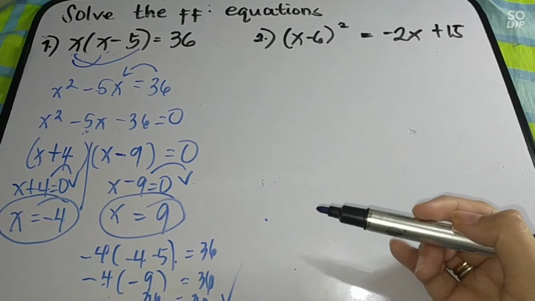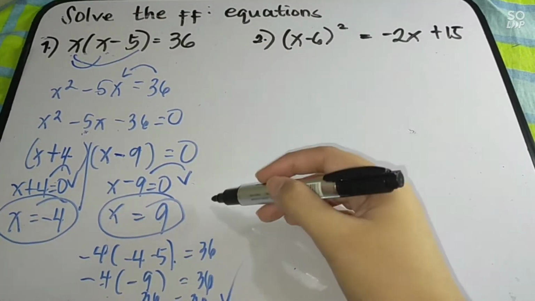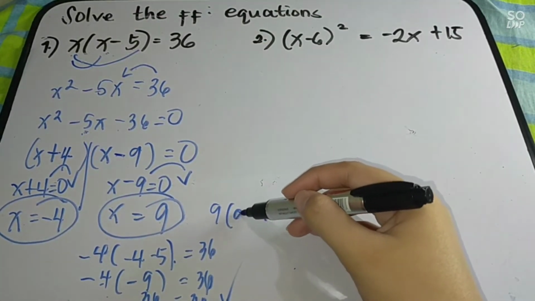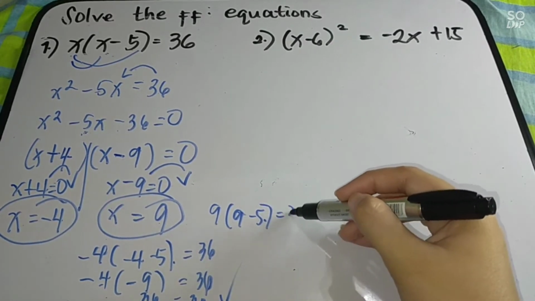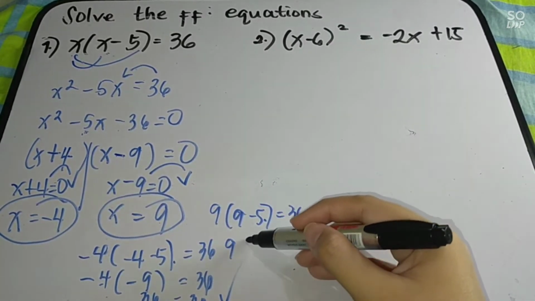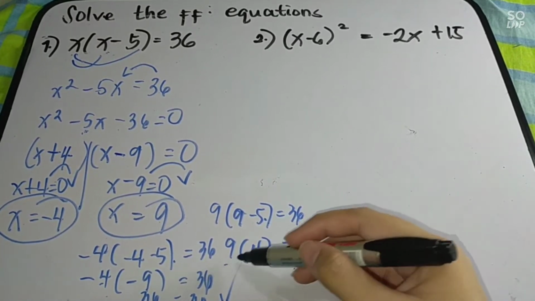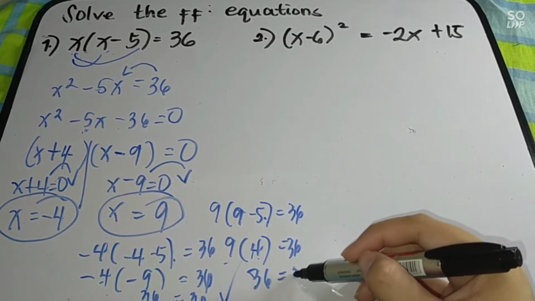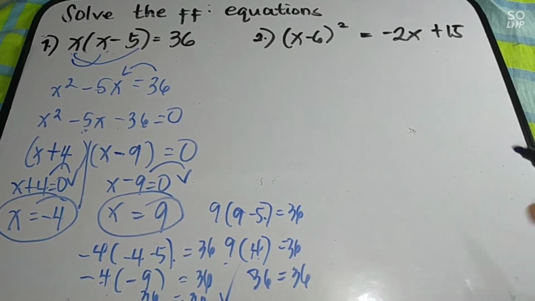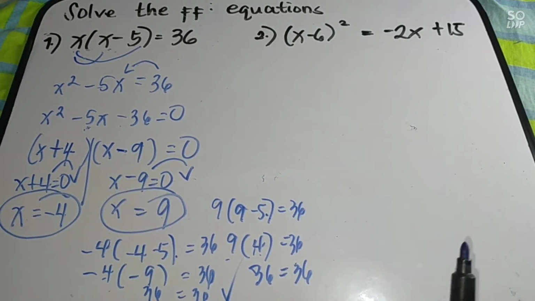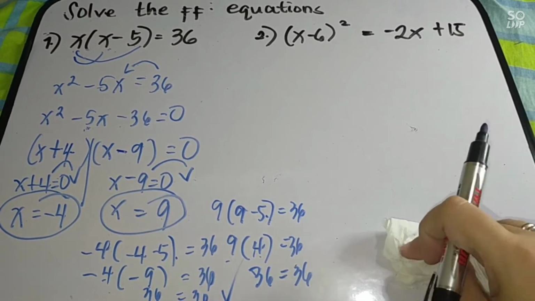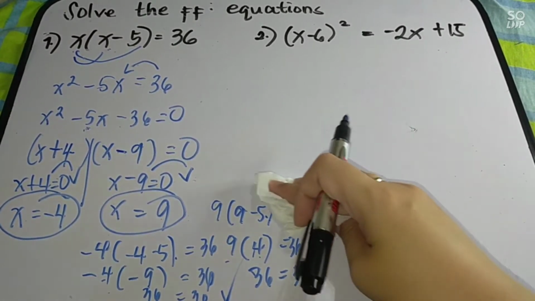Therefore, your answer is correct. Now for 9, 9 times 9 minus 5 is equal to 36. So, you have here 9 times 9 minus 5, the answer is 4. 9 times 4, we have 36, equal to 36. That is it. So, that is how you check if your answer is correct. Just substitute your answer into your equation.